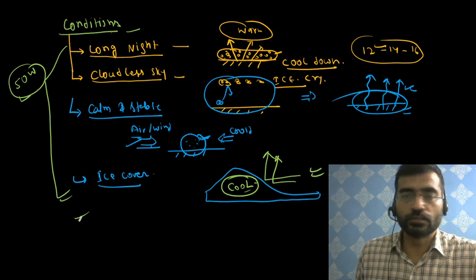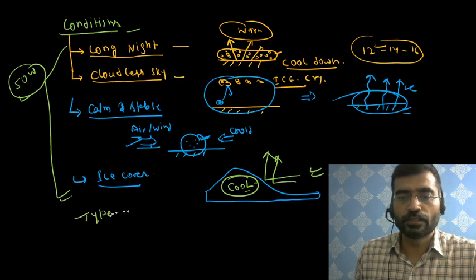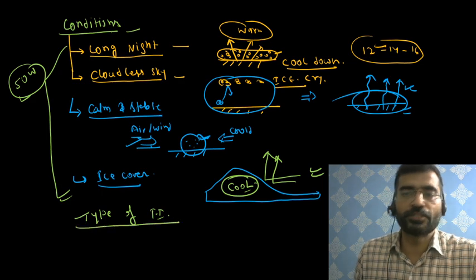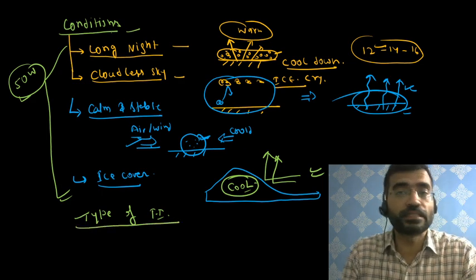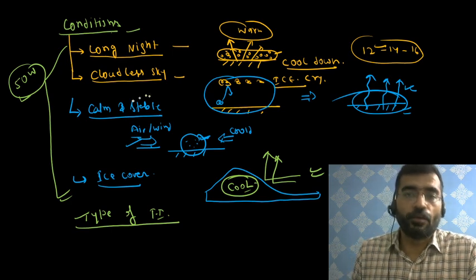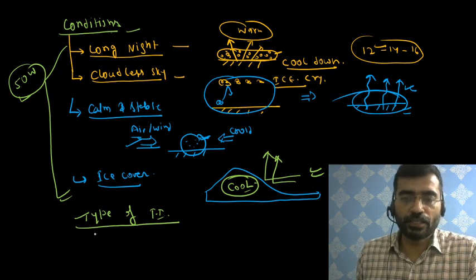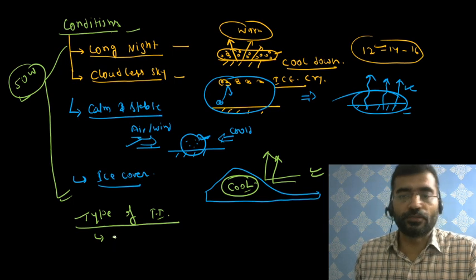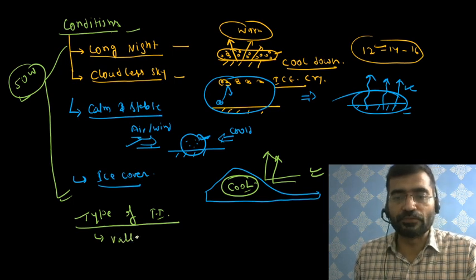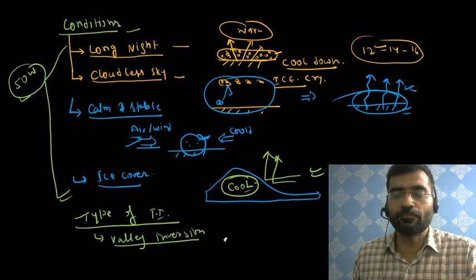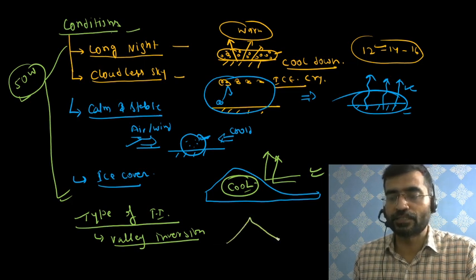Now, the demand of the question is the types of temperature inversion. So you know very well, temperature inversions are of different types. There are about 4 types of temperature inversion. Very first is called valley inversion. Valley inversions are the type of inversion taking place in the mountainous valley.